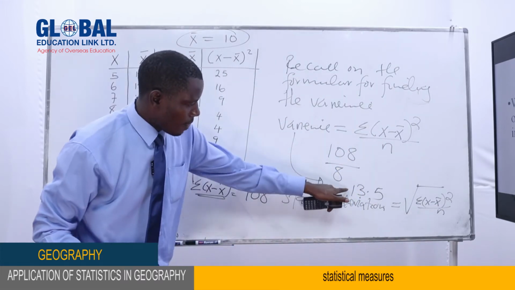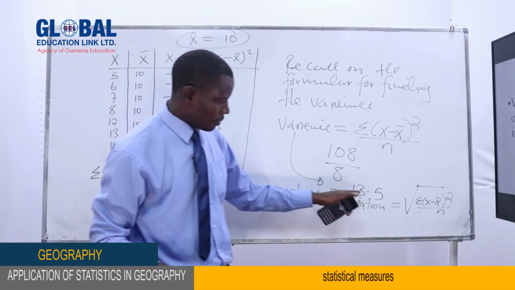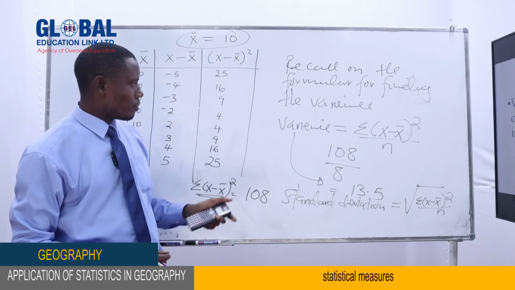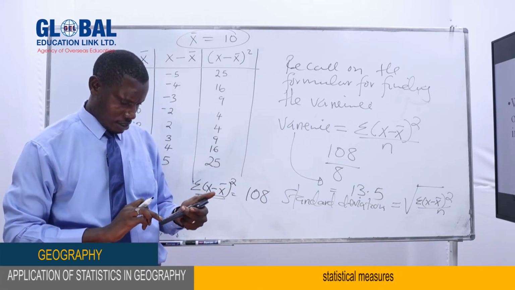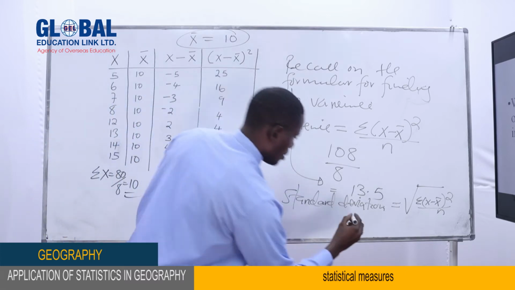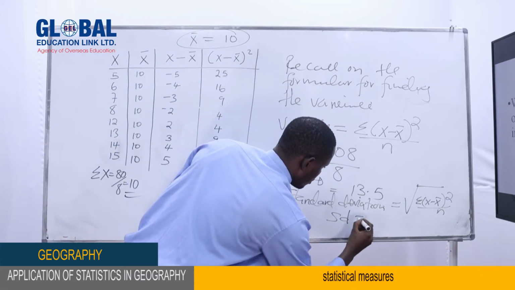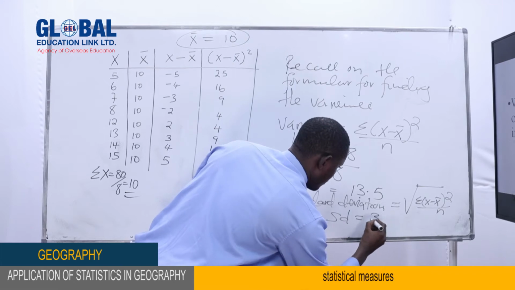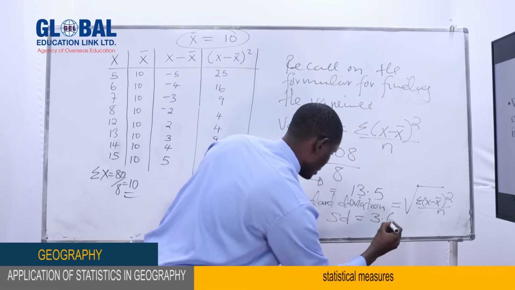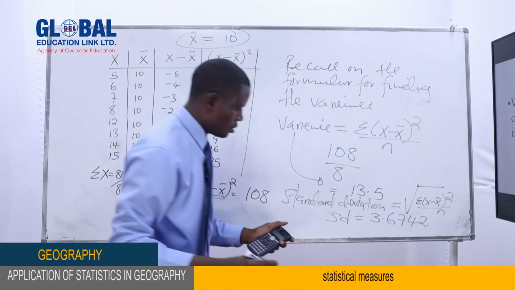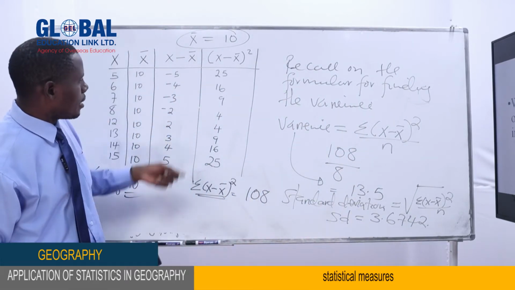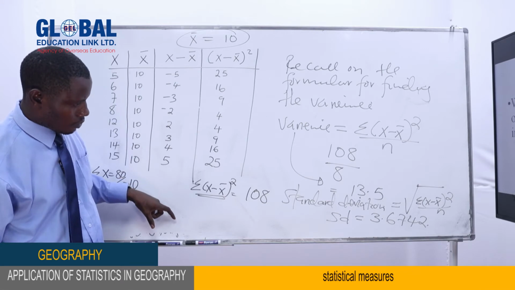We already have 13.5, so if we take the square root of it, we come up with the standard deviation of 3.6742. So for our question, that will be the end of the solving.